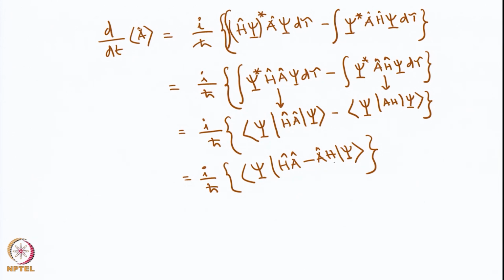Now you have two operators, let us say an operator A and an operator B. Then we can define what is known as a commutator, which says the commutator [A, B] is equal to the AB operator minus the BA operator.